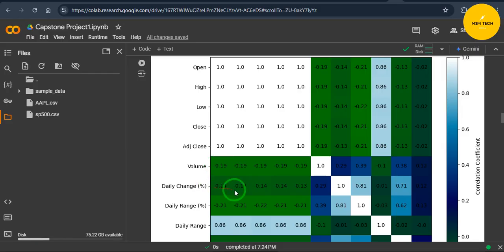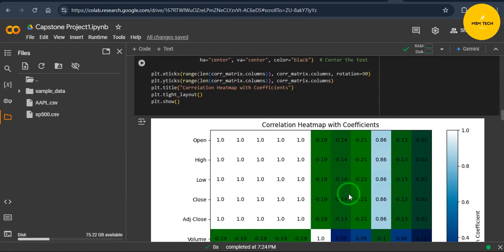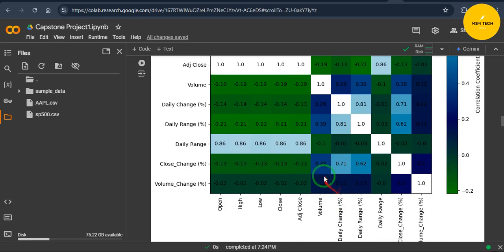And daily range percent and volume are moderately correlated, indicating that price volatility often accompanies significant volume change.